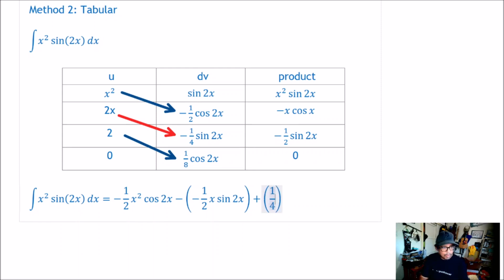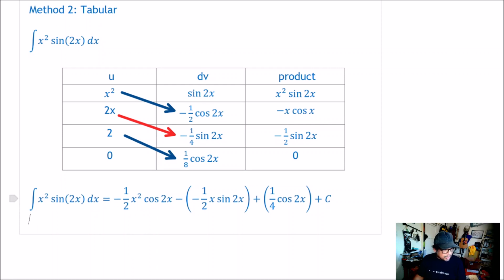We got a 1/4 cosine of 2x. And that does it, so we can put a plus c. I know I can stop here because I have the 0 in this very last cell of the table. This 0 tells me I can stop with the integration.